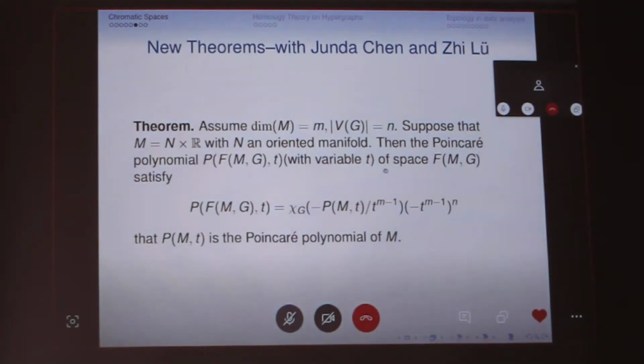And then let's try to compute the Poincaré polynomial. Okay, so this is the chromatic space for this manifold N.